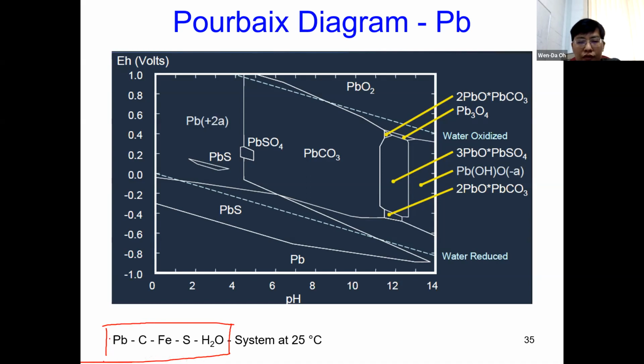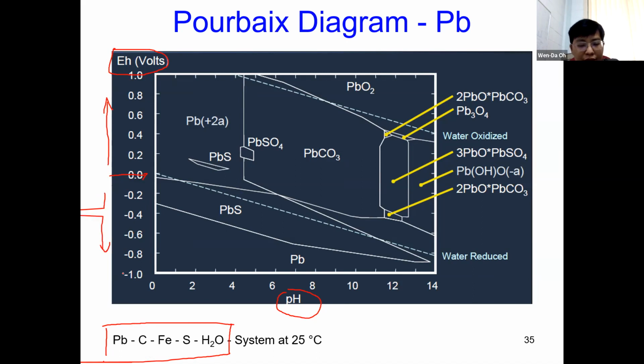To give you some insight into how we can read it, this is redox potential against pH. Here you have 0, you have the positive side and the negative side.